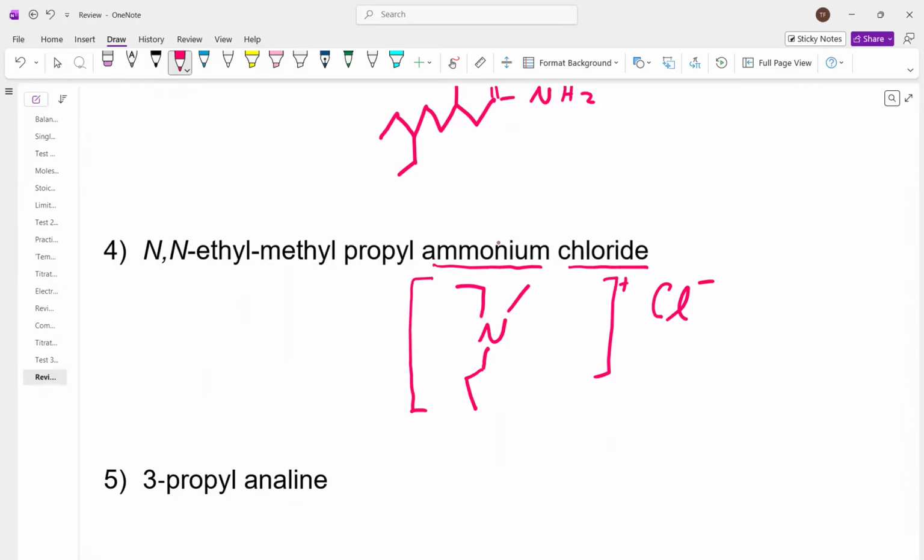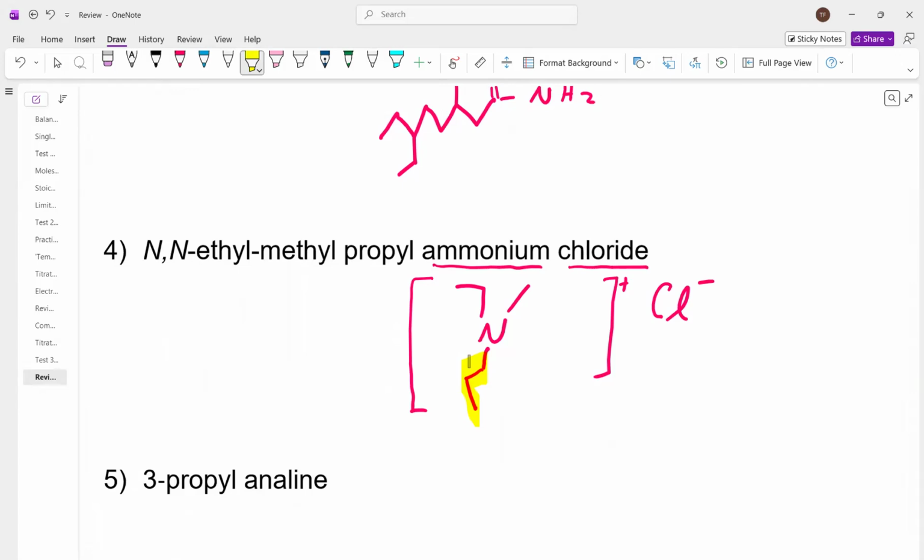Well, it's the propyl backbone. And it's an amino branch. An amino part coming off the nitrogen are 2 methyl. That's the backbone.